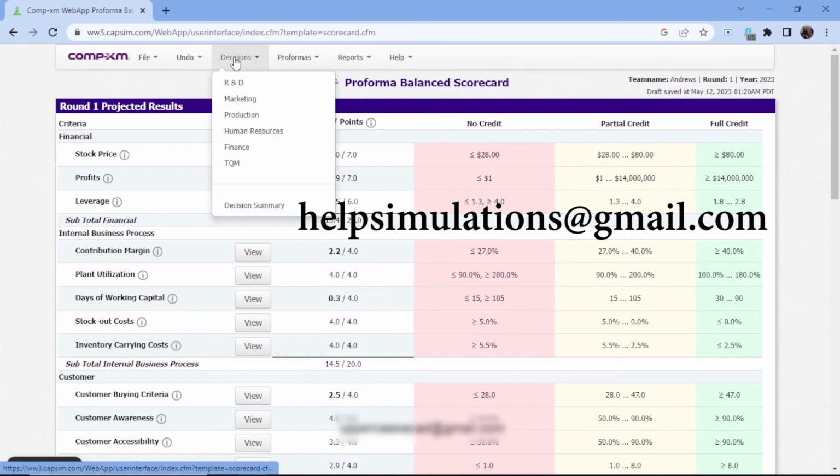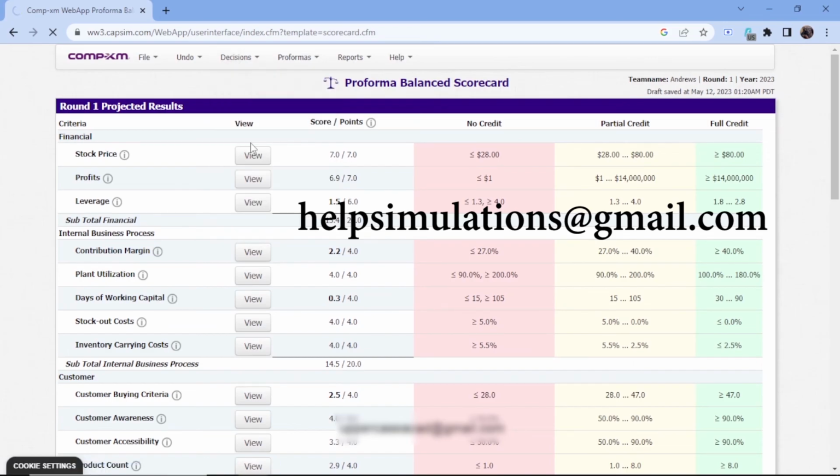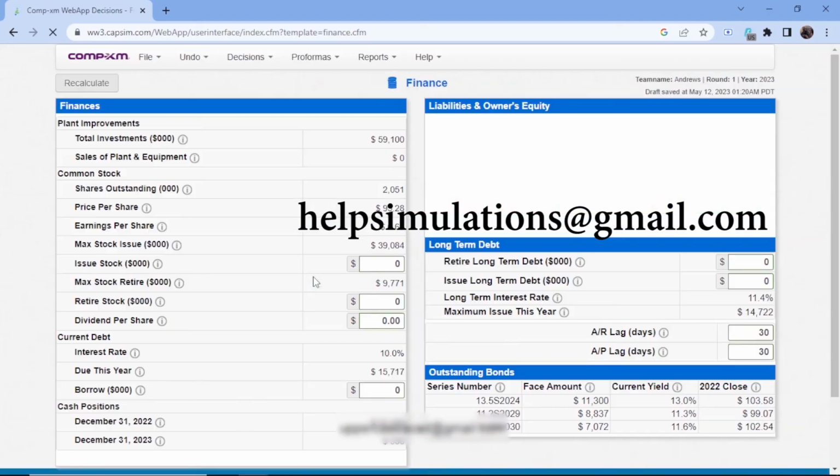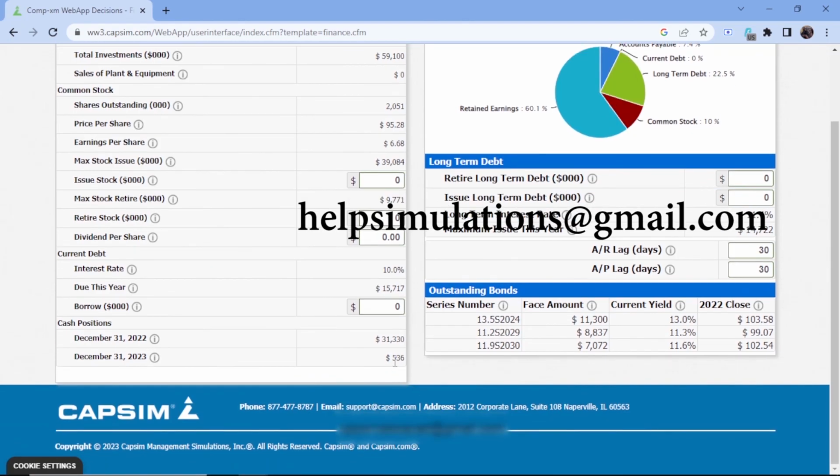So next, we come into the finance section here. Because we are projecting to have 536, I'll take this maximum, so it's 14,722. Then I'll take here 15,000. Then I'll issue stock worth 10,000.